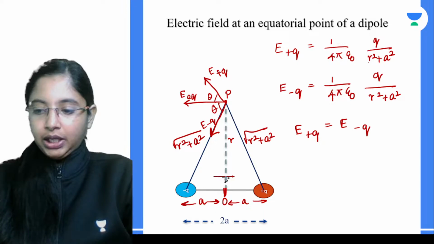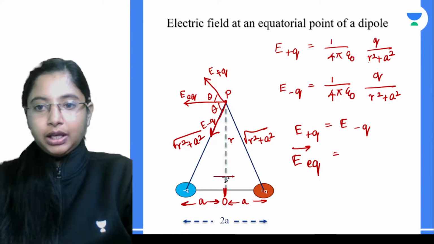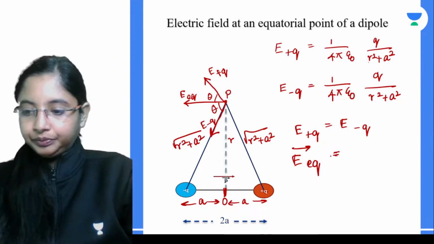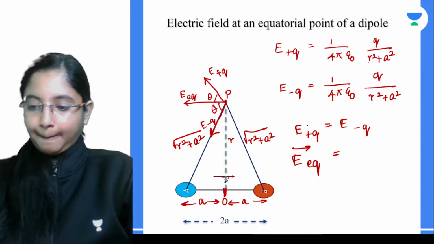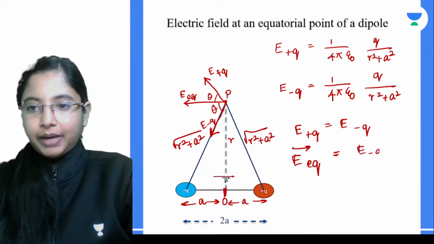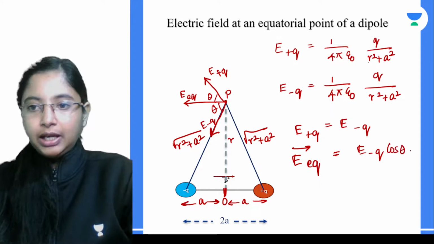So for the equatorial plane, this value is nothing but equal to E minus Q cos theta plus E plus Q cos theta, that's what we got.